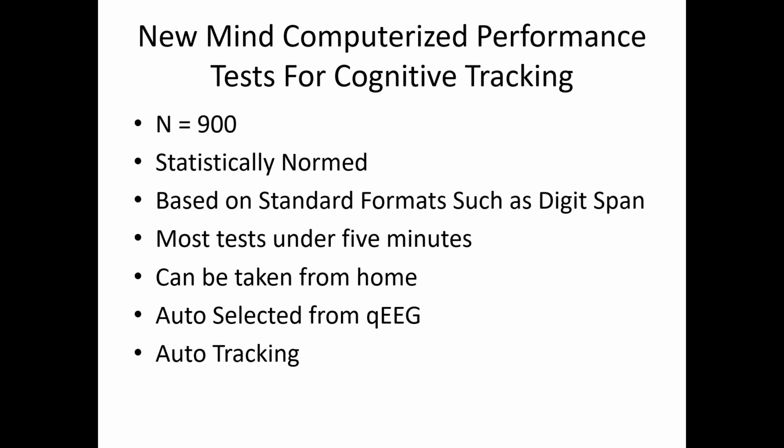These are neurocognitive tests, which you can find in psychological testing, educational testing, and neuropsychological testing. They're on all kinds of test batteries. We just put them in computerized form, and we tested people with them, and that's why the N of 900, to determine whether they work as well on the computer as they do as a written test, or at least somewhat well. It has to be fairly accurate.